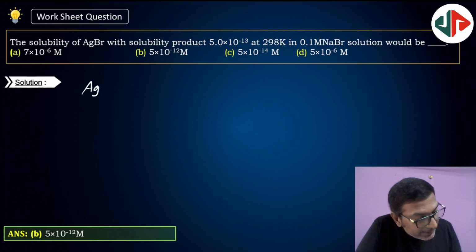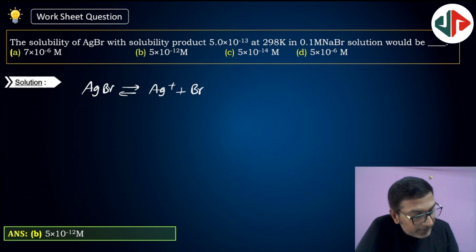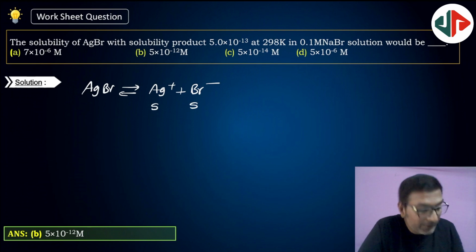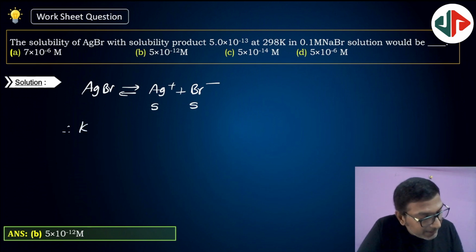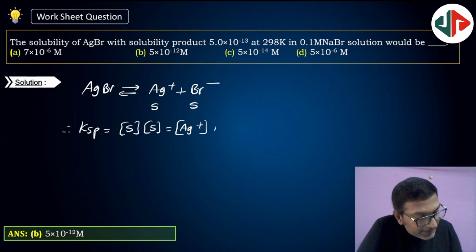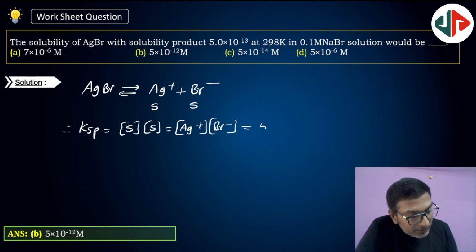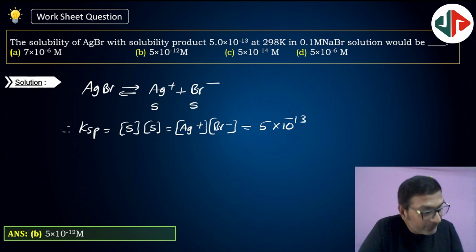So AgBr, a sparingly soluble salt, gives Ag+ and Br-, initially solubility S. So Ksp equals S into S, that is Ag+ into Br-, which is equal to 5 into 10 power minus 13 initial value.